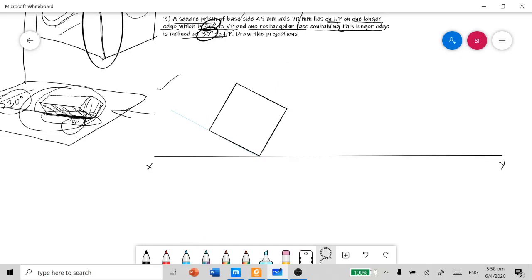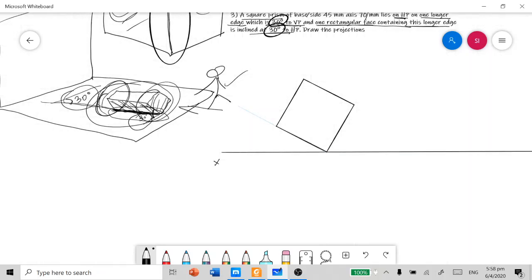The total number of corners in the solid is 8. As usual, I am considering the face nearer to me and the base far away from me when the observer is considered to be here. In other words, the base is nearer to VP and the face is far away from the VP.